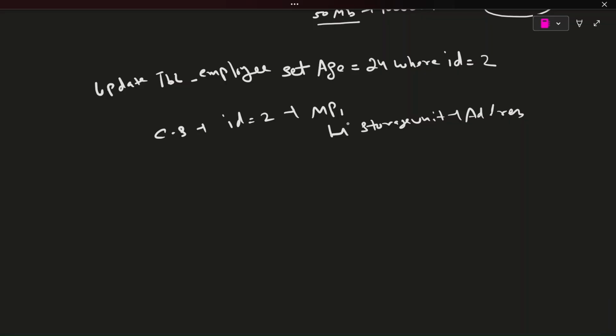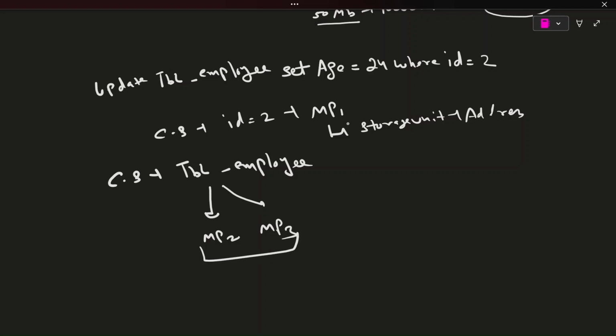Cloud service will be updated that for the TBL_employee table, the active micro partitions are MP2 and MP3. These two are active, and MP1 is marked as to be deleted.